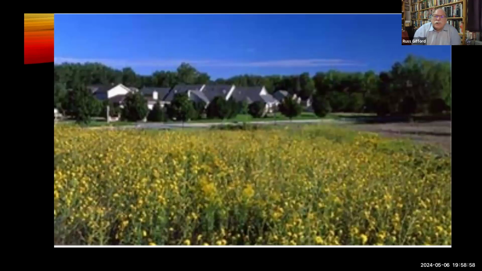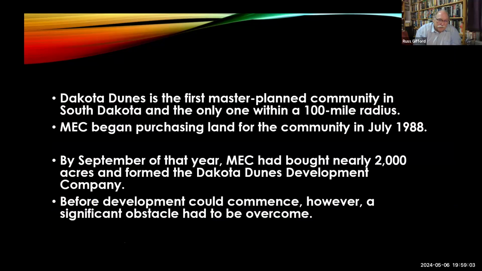So we start to see that this first master planned community in South Dakota, it's the only one within a 100-mile radius of Dakota, and they begin purchasing property in July of 1988. Now I have to tell you, my assumption is they had already put in place agreements with confidentiality clauses and things like that.